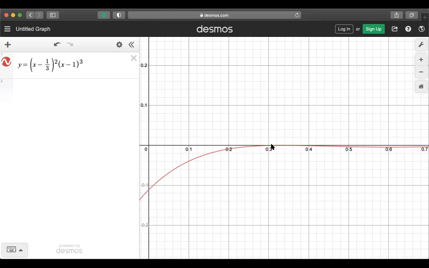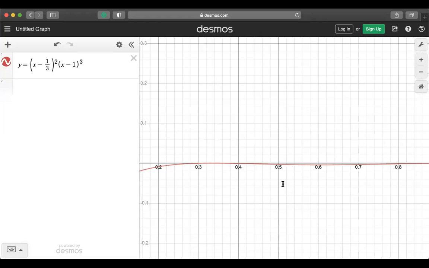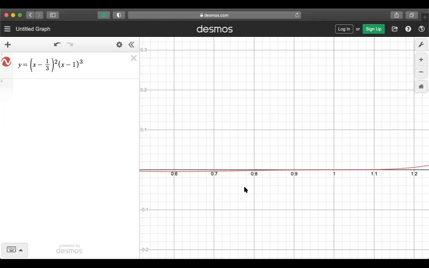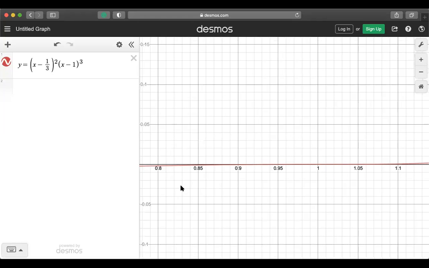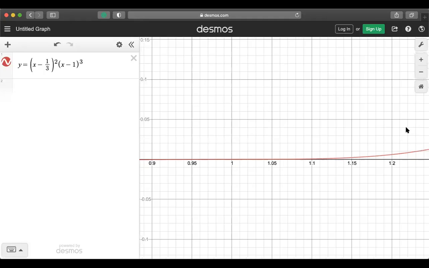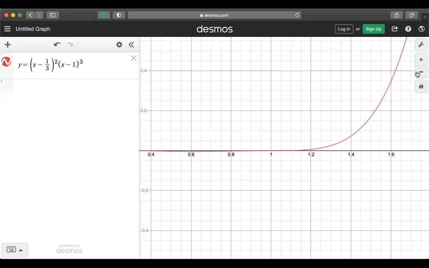And then we touch it here, and then we kind of go back down like we expected before. And then at the point 1, you can see right here, let me even zoom into here. It's really close to this line, so it's hard to tell, but you're going to cross right here, and then you're going to keep going upwards. So you're going to be increasing from there on.